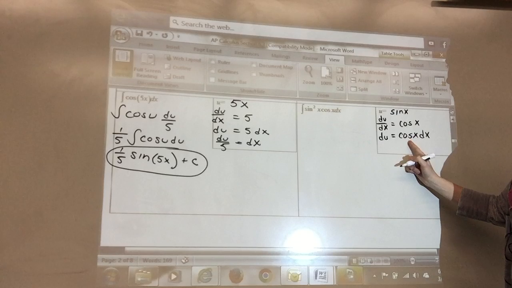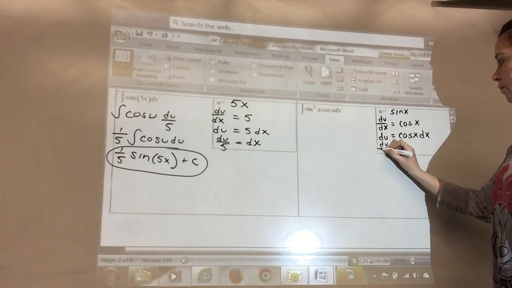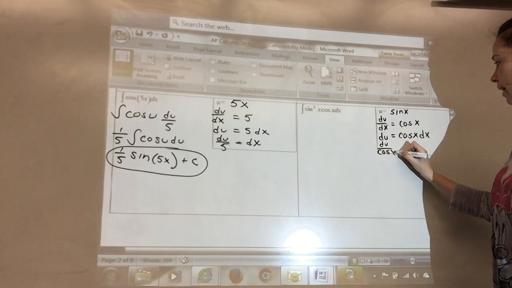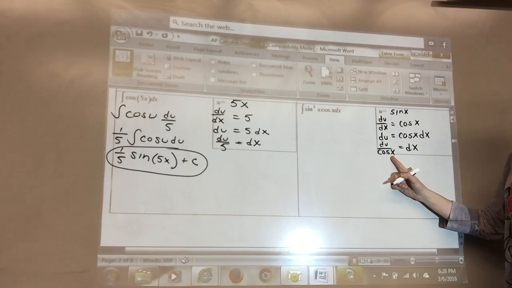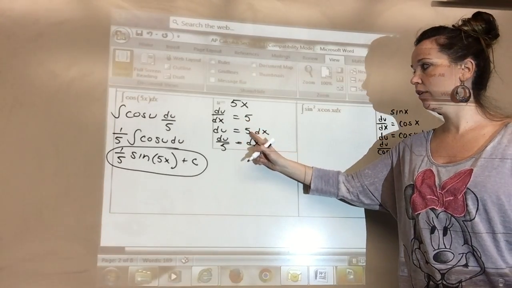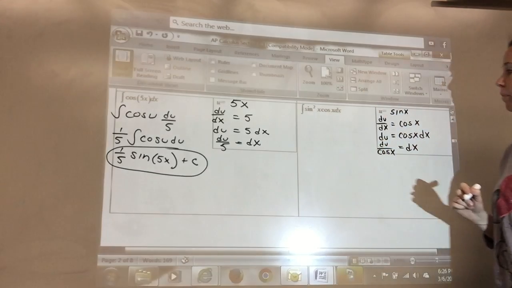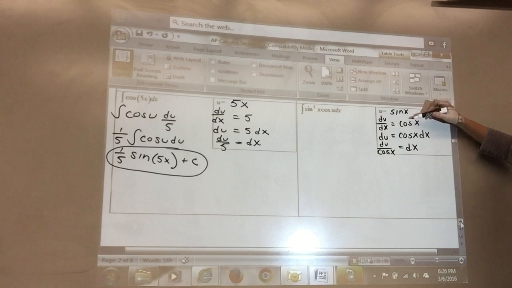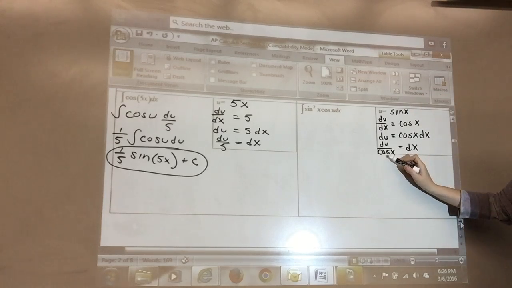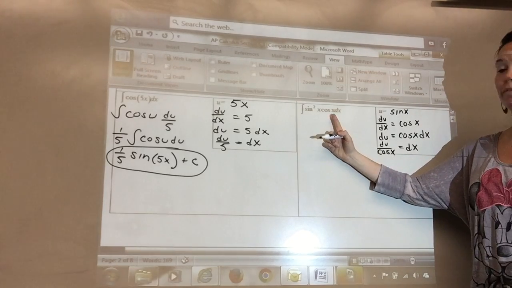Don't I have to divide by that? So du over the cosine of x is equal to dx. Okay, doesn't that happen all the time? Look over here, we had the 5, and look, the 5 ends up in the denominator. So the reason why I chose one sine is because I realized that sine would turn to cosine, and cosine would end up in the bottom. Do you see what's going to happen for me over here?